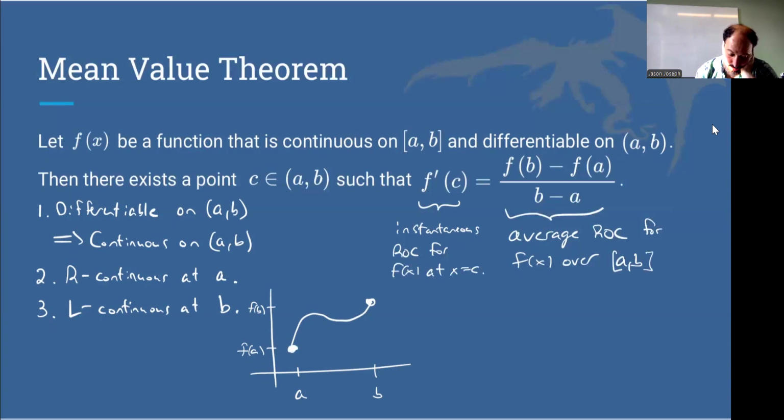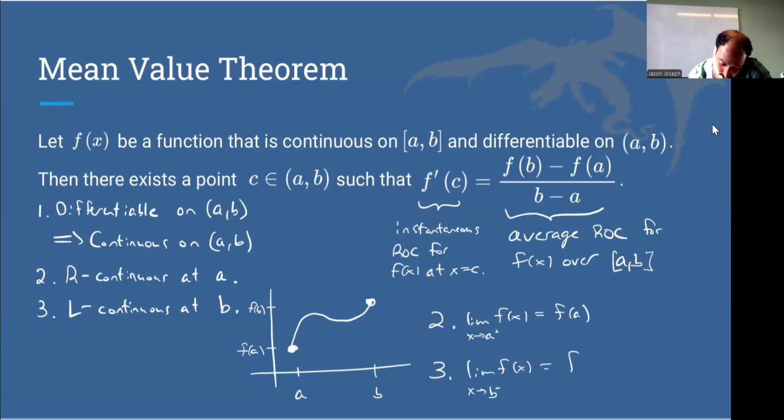So to check that we're right continuous at A, we need to check that the limit of f of x as x approaches A from the right is equal to f of A. And then to check that we're left continuous at B, we need to know that the limit as x approaches B from the left is equal to f of B.